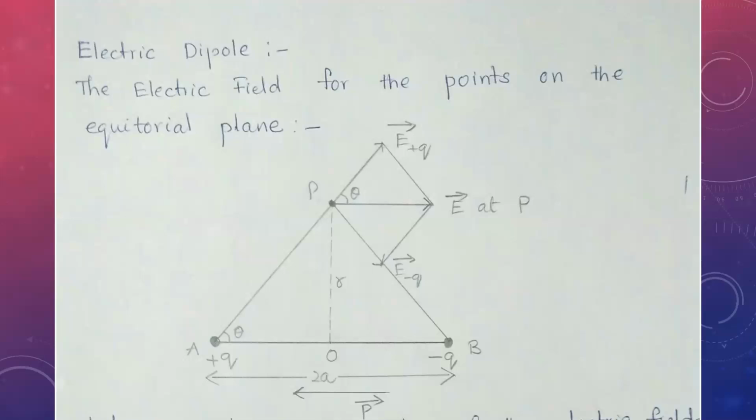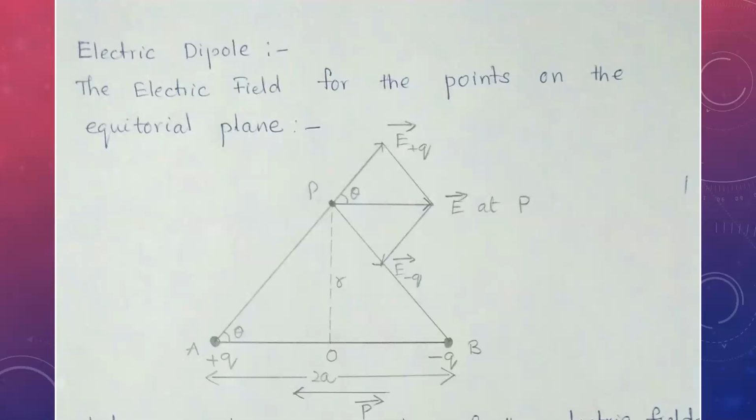Now coming to the electric field, as I have told you in my earlier video on the dipole, for a positive charge, the direction of the electric field is always outwards. For a negative charge, the direction of the electric field is always inwards.